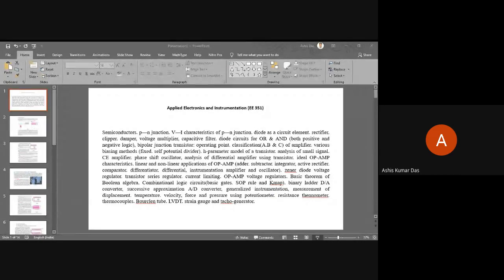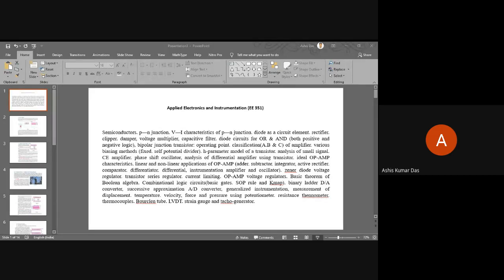I think some of you have studied filters earlier. We have some filter arrangements we are going to study: the capacitive filter, inductive filter, and so on. Finally, we are going to get some idea about the OR and AND logic. This is called Boolean logic.